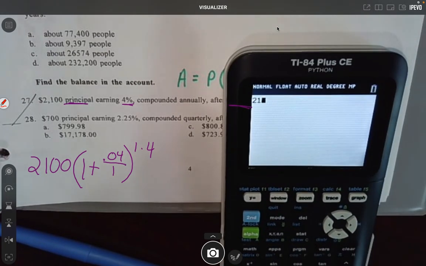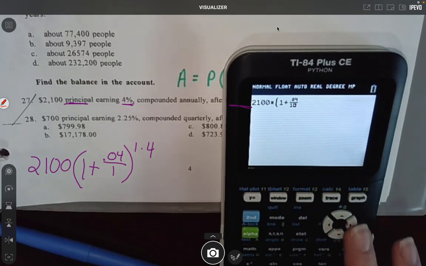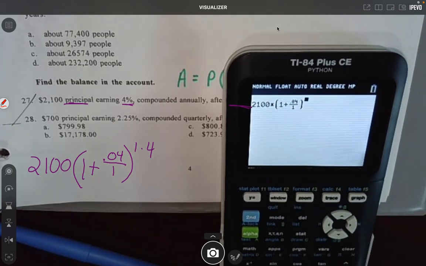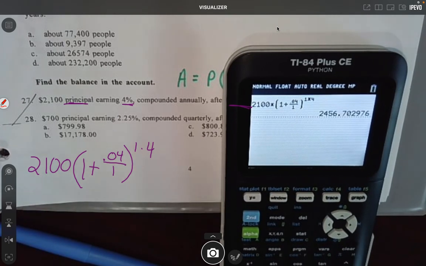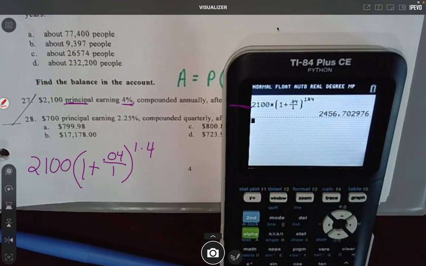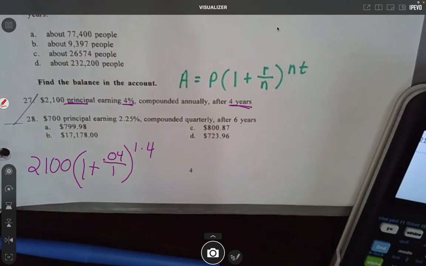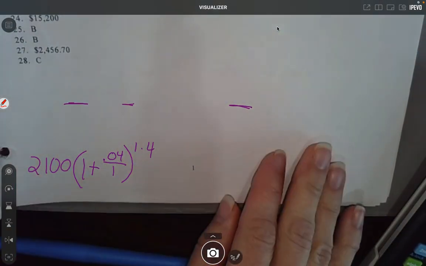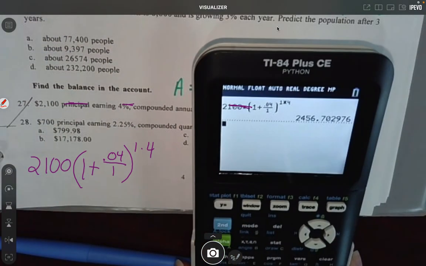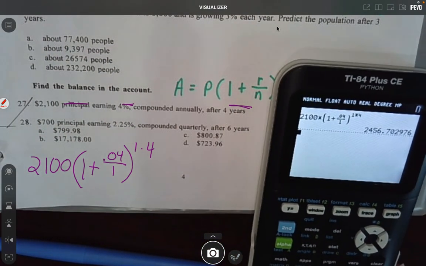I get 2,100 times 1 plus 0.04 to the 1 times 4. So did y'all get 2,456.70? And I went to 2 decimals because of money. You know, you'd have change. But I think they did as well. So there's that one.